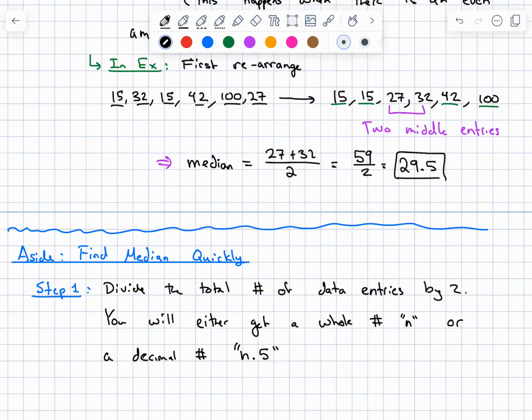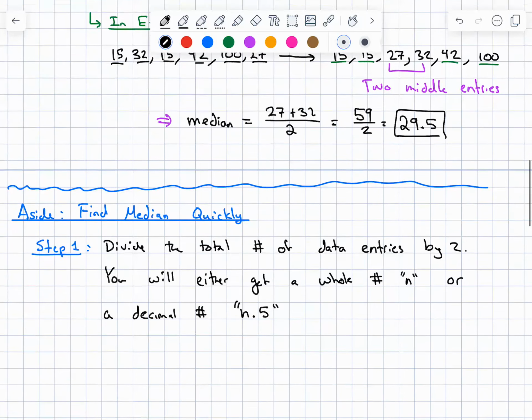Sadly, we don't have time to go into the number theory about this, but when you're dividing by 2, your answer is either a whole number or a whole number plus 0.5. So you'll get like 7 or 7.5, 8 or 8.5. For example, with 6 data entries, you divide and get 3, a whole number. Whereas if there are 7 entries, you get 3.5, and so on.